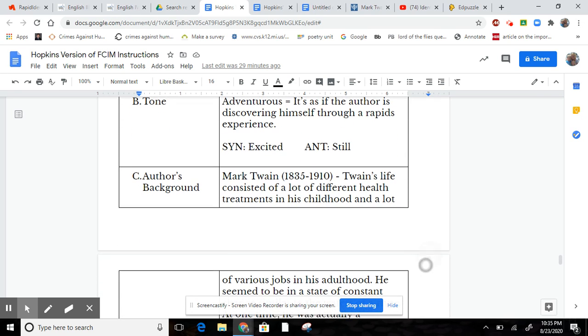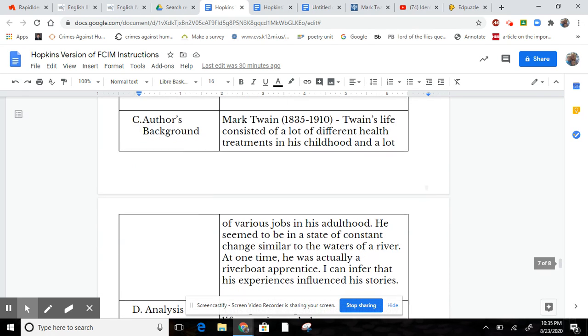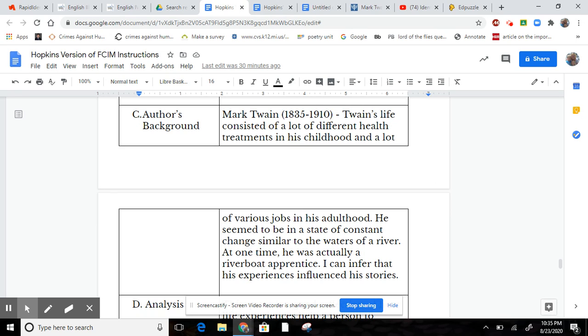And so when I did a little bit of background, again thinking summary plus inference, I noticed that Mark Twain was born in 1835 and lived until 1910. I put that Twain's life consisted of a lot of different health treatments in his childhood and a lot of various jobs in his adulthood. He seemed to be in a state of constant change, similar to the waters of a river.